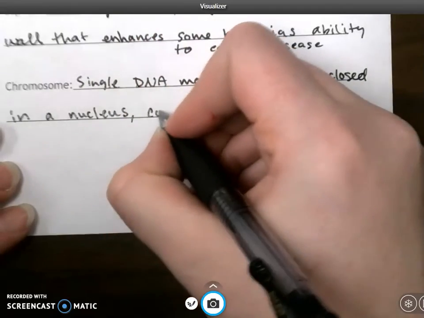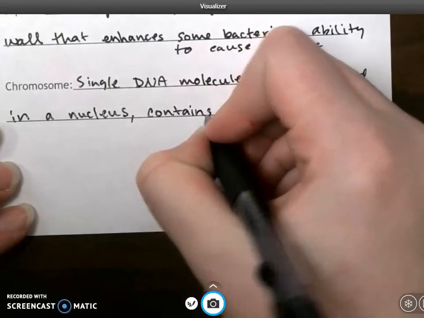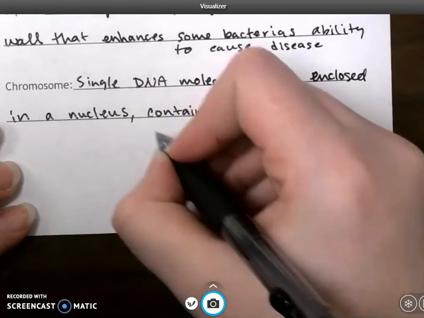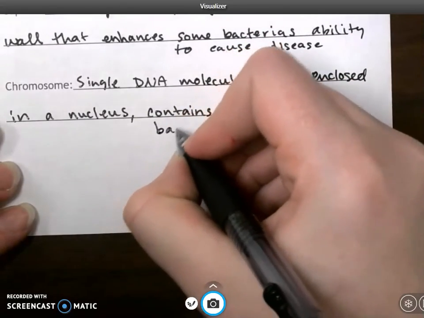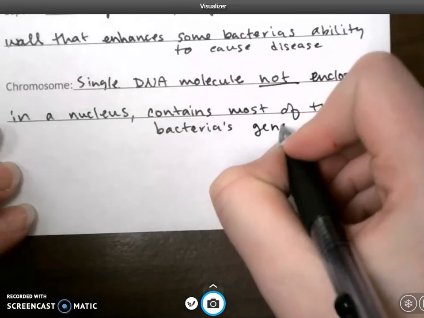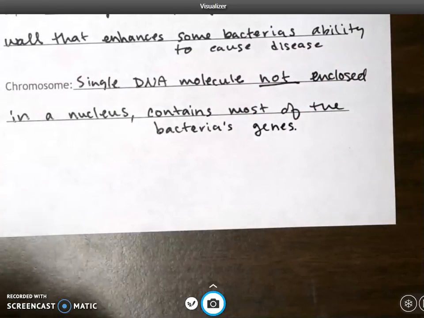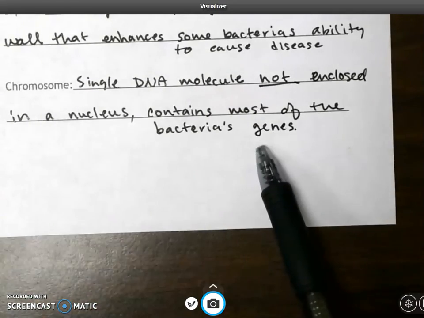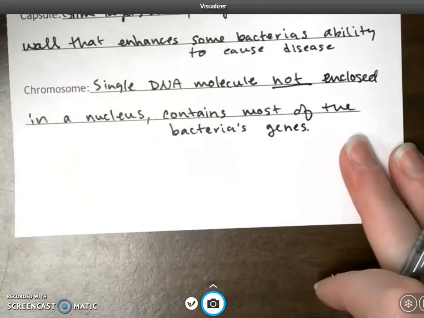And it contains most of the bacteria's genes. Remember, those plasmids have a small amount, so the chromosome doesn't contain all of it, but most of it is in that chromosome.